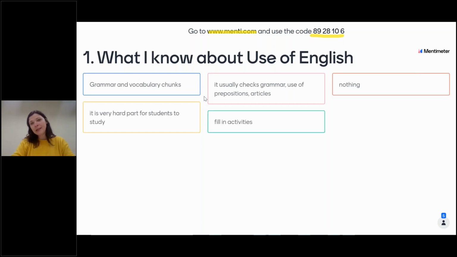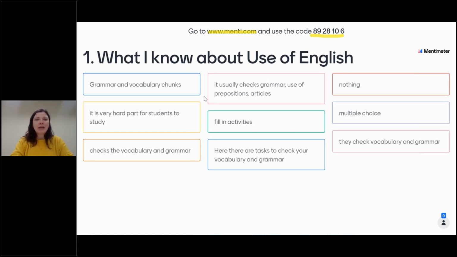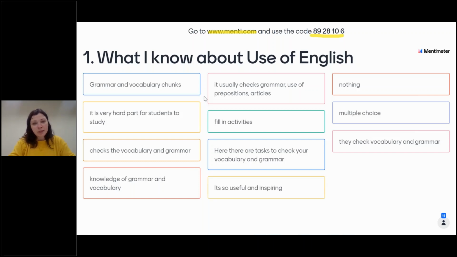At least you know that this is a part of the ZNO examination. And here we have some interesting thoughts from our colleagues, like they test grammar and vocabulary chunks. It's a very hard part for students to study, and that's true. It checks knowledge of grammar and vocabulary, and the tasks are usually fill-in activities and multiple choice.